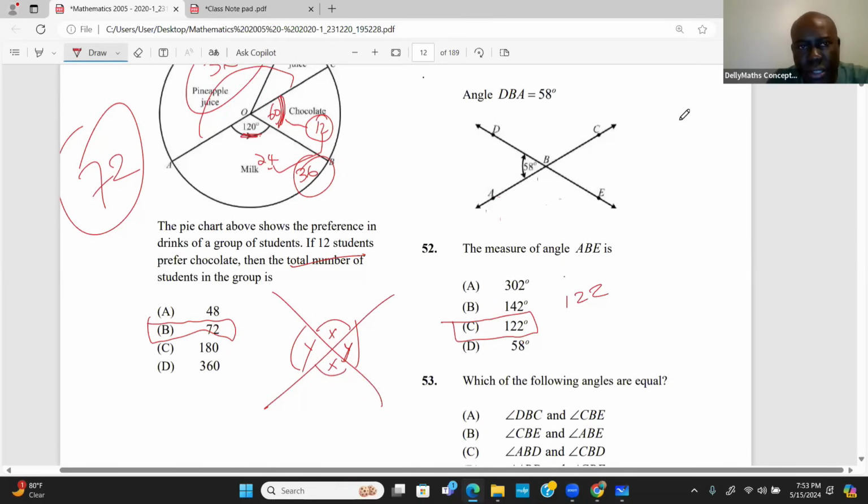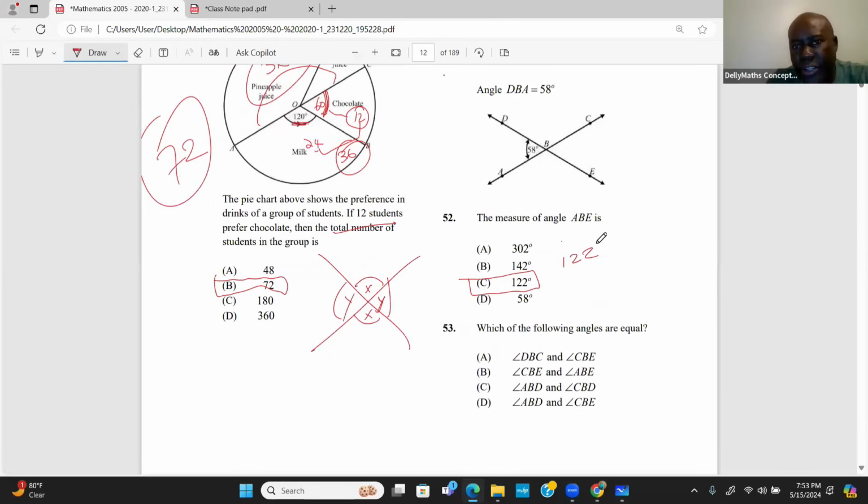So first, here we have DBC, which is this, and then CBE is this. Those are not equal, so that's off, right? Go again, CBE and ABE, these are not equal. You go again.